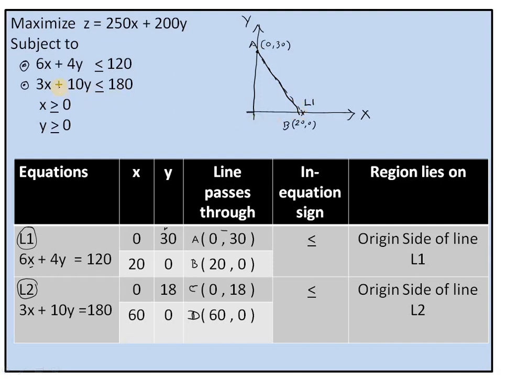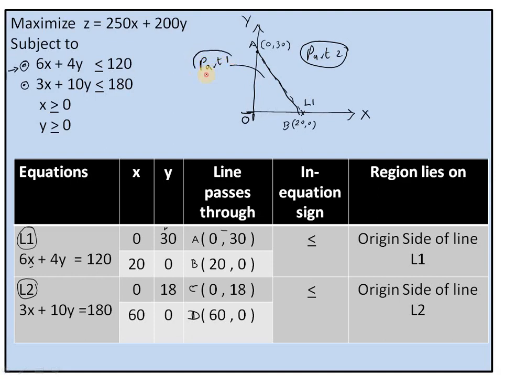Now we have an inequation. We don't have an equation. In linear programming here we have an inequation. Now we have to see that this entire first quadrant is divided into two parts. One is this part, which is the origin side, and the other part is the non-origin side. So this is part 2 and this is part 1.